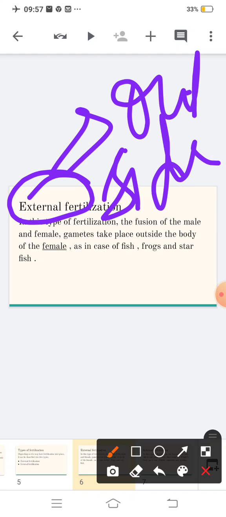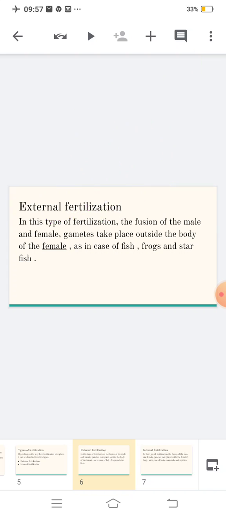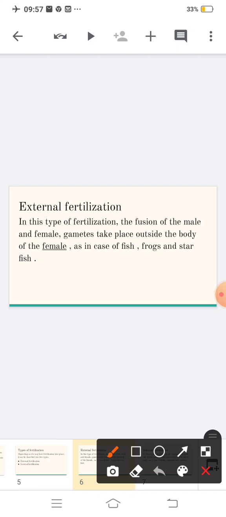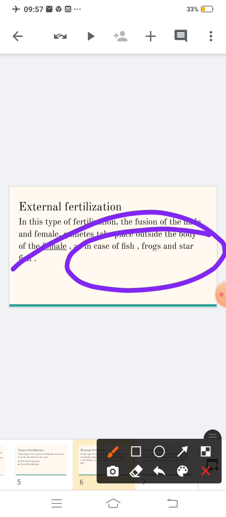External indicates outside. So, in this type of fertilization, the fusion of male and female gametes takes place outside the body of the female. That means outside, not inside. Examples: eggs of fish, frogs and starfish. That means in these animals, fertilization takes place outside the female body. Is this clear to you?